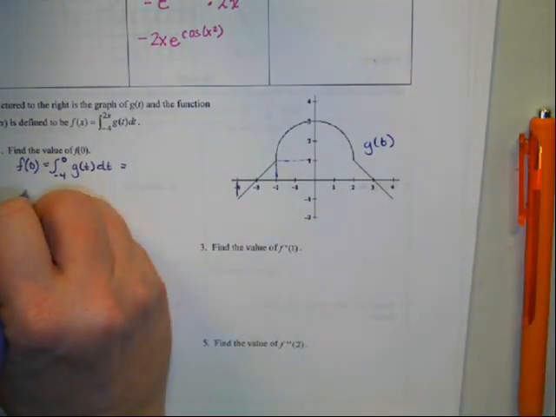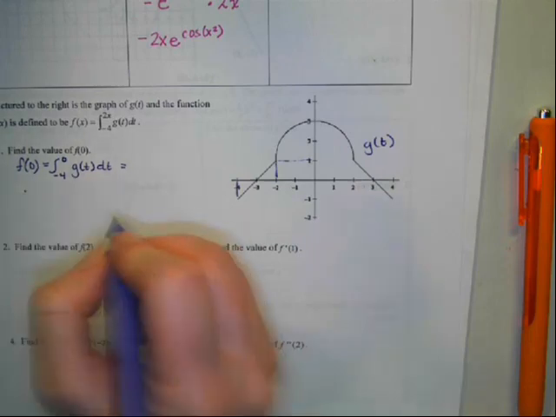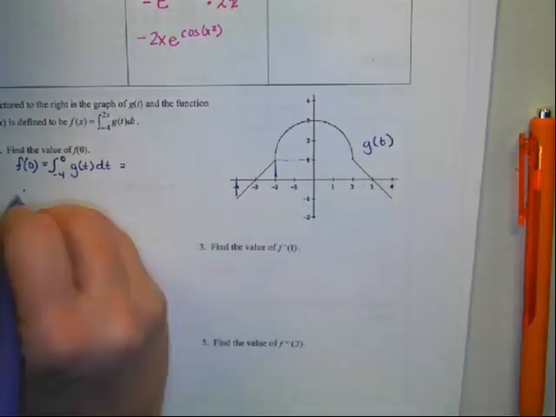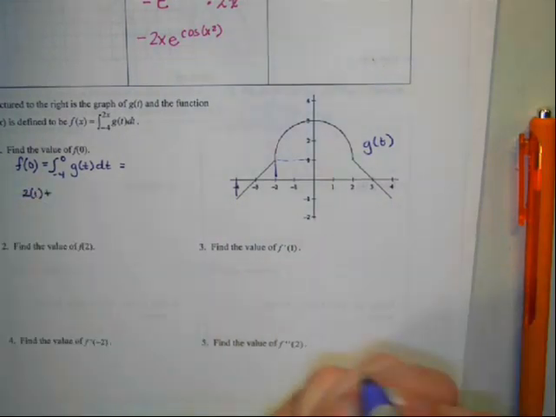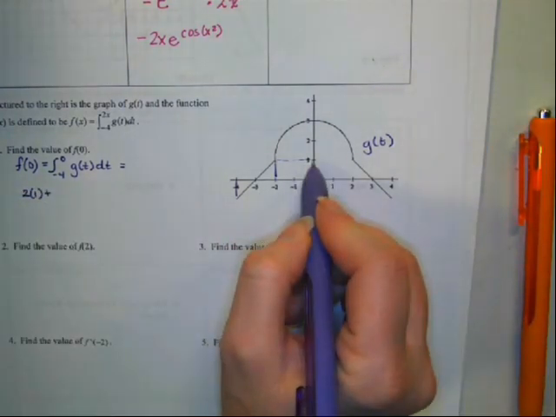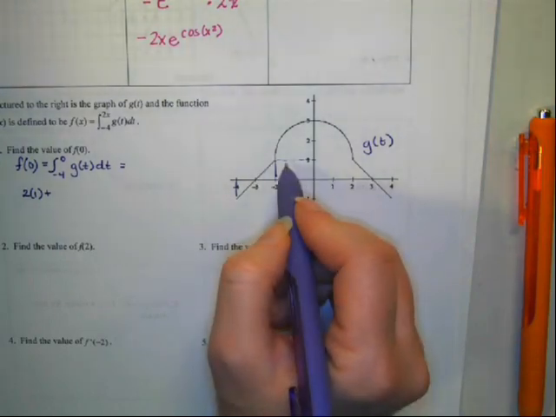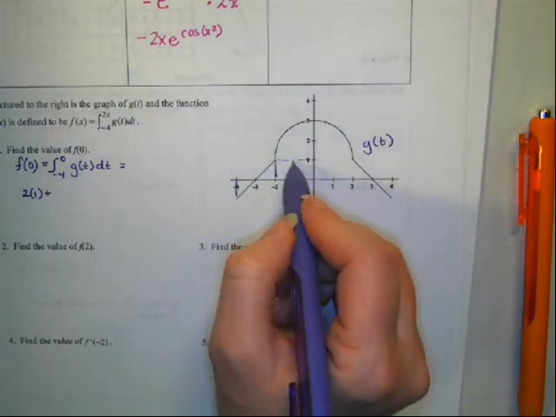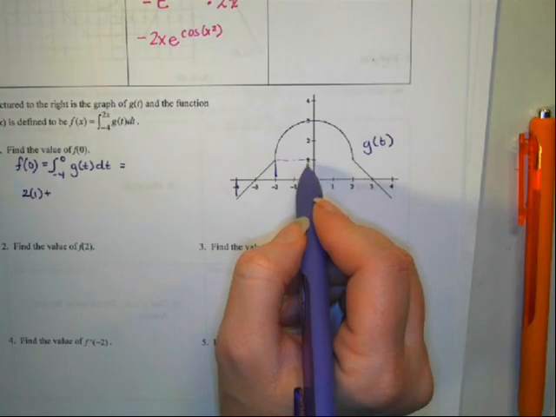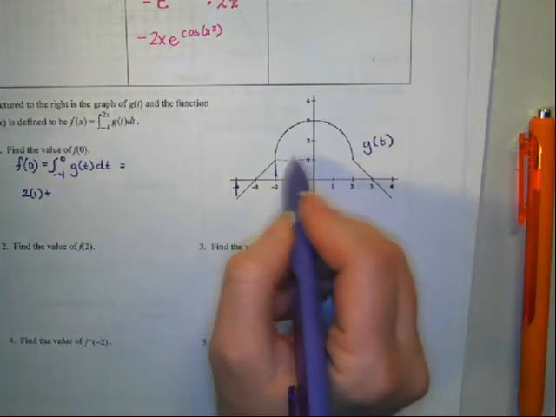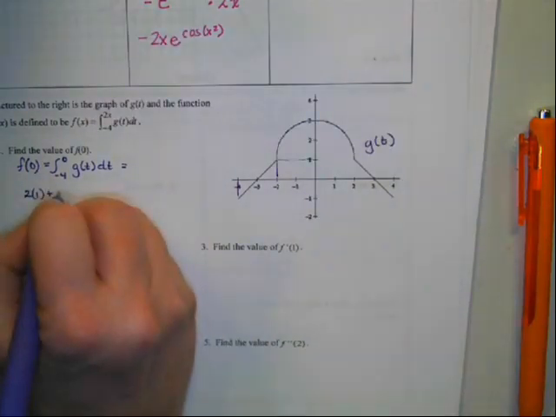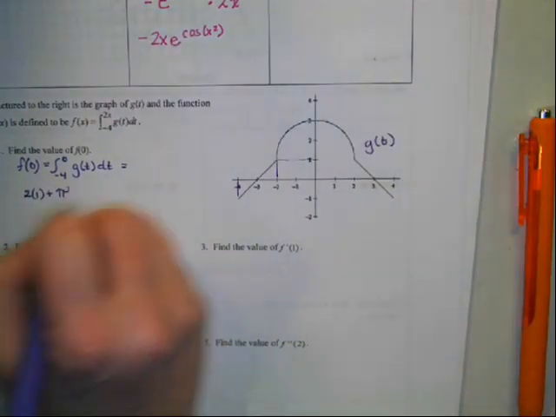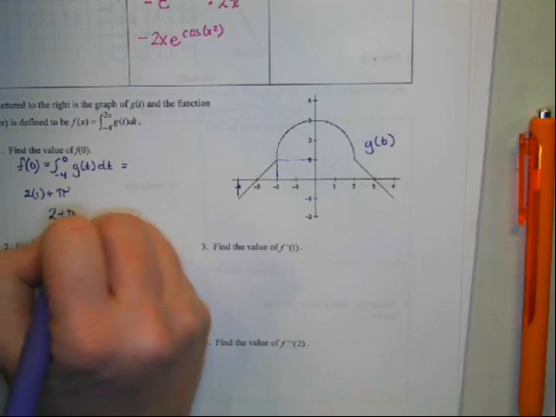What is a rectangle and a quarter? Yeah, I'm going to do it as a rectangle and a quarter of a circle. 2 times 1 is my rectangle, and a quarter of a circle, the radius of 2, so pi r squared would be 4 pi, divided by 4 because it's a quarter of a circle, so it's just pi. So this one is just 2 plus pi.